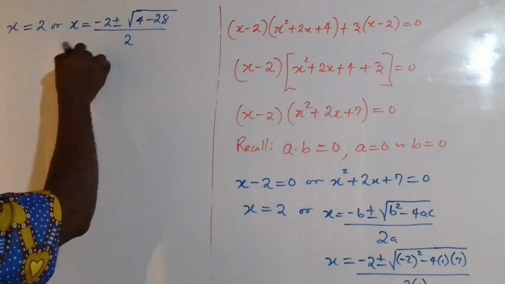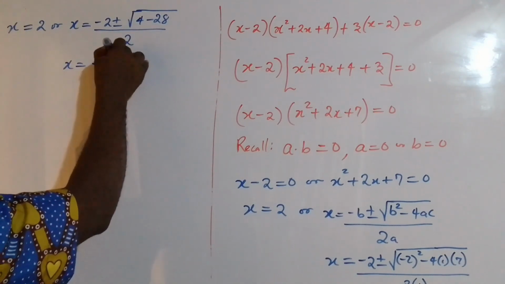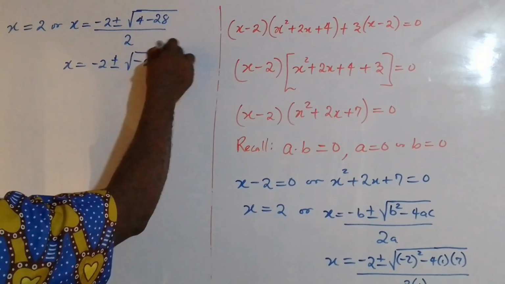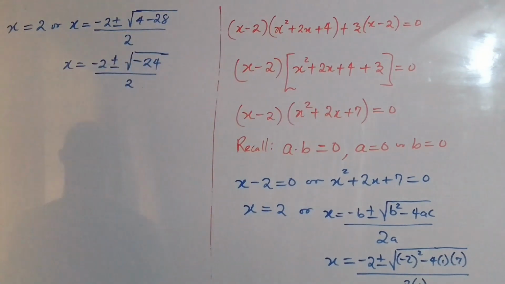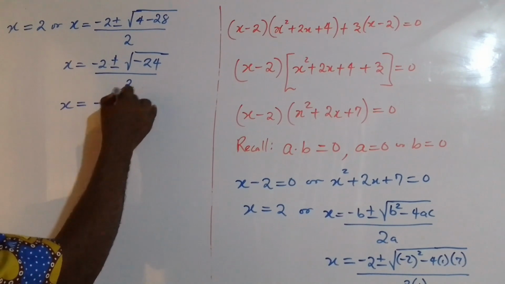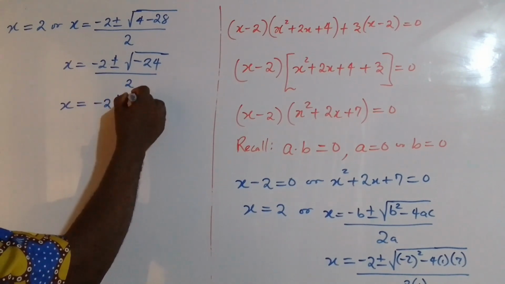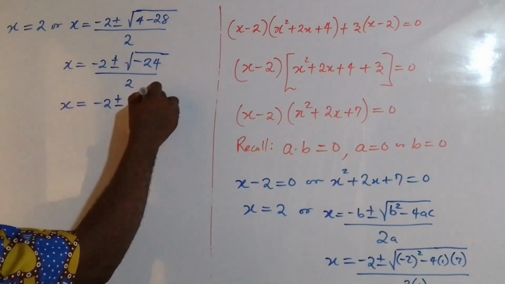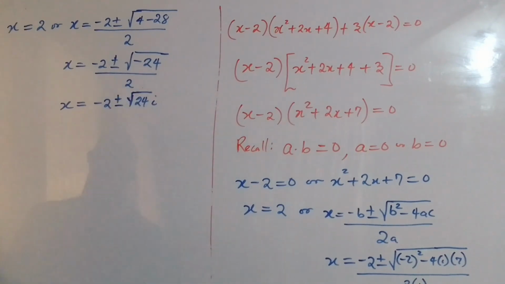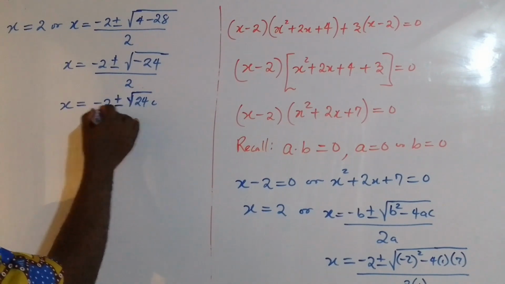So we have x equal to minus 2 plus or minus square root of minus 24 all over 2. So this is complex, and so we are going to have x equal to minus 2 plus or minus root 24i all over 2.